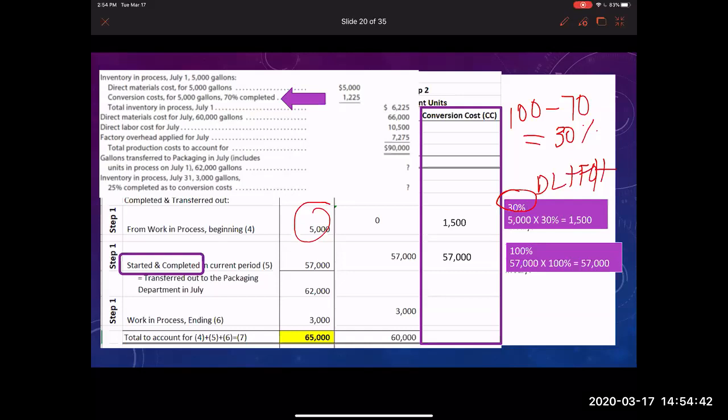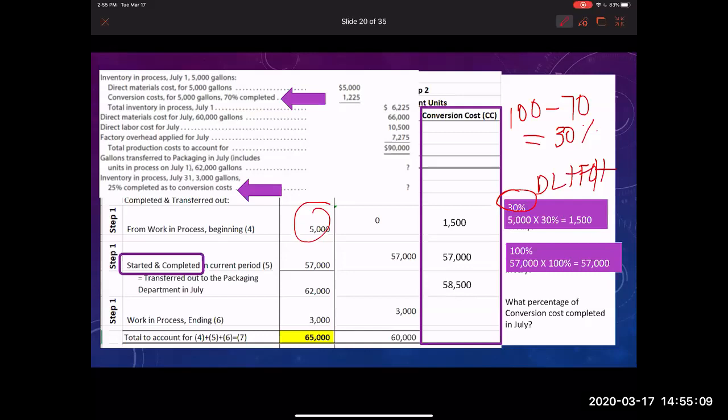Last but not least, we have work in process ending, the 3,000 gallons. The same question: what percentage of conversion costs was completed in July? We get that from inventory in process as of July 31st.